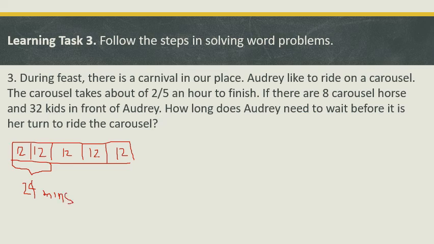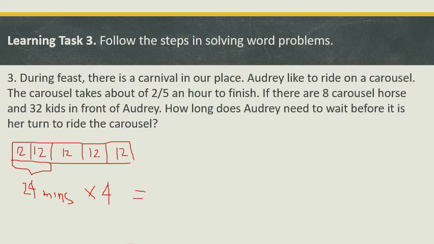Ngayon, meron daw 8 carousel and 32 kids sa unahan ni Audrey. Kung 32 ang kids at 8 lang yung carousel, ilang beses bago siya makasakay? So, di ba, 4 kasi 32 divided by 8 is 4. So, kailangan niya pa na mag-antay ng 4 na beses ng pagsakay kasi 32 yung nasa unahan niya, ilang minuto siya mag-iintay.